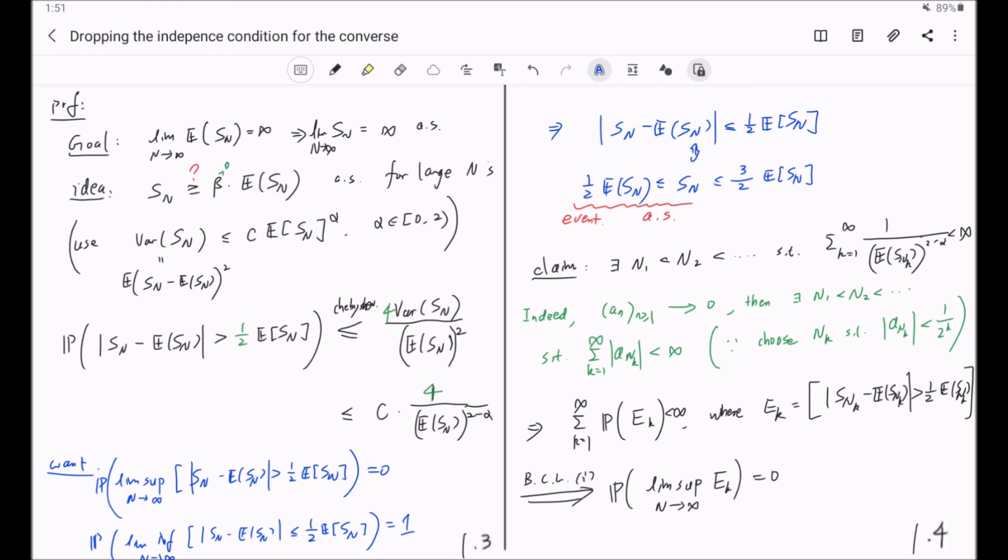And the second beautiful idea is that when we found that it might be impossible to make this sum finite, we can choose a subsequence of positive integers such that along that subsequence the probabilities of those events sum up to a finite number. That's it.